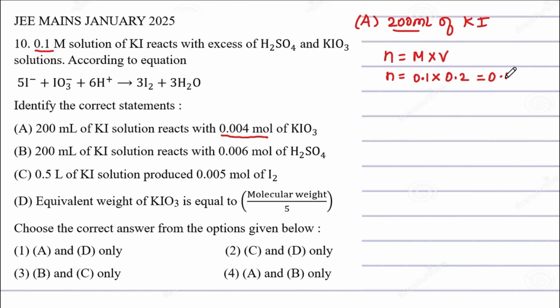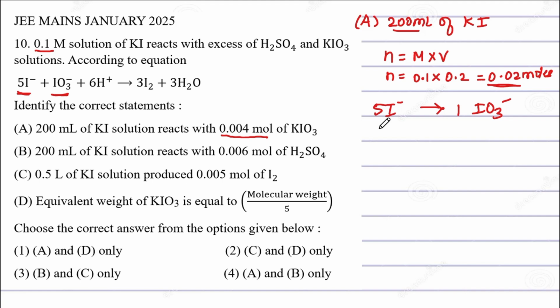So the number of moles is 0.02 moles. According to the equation given in the question, 5 moles of iodide ions react with 1 mole of IO3 minus. So write that: 5 moles of iodide ions react with 1 mole of IO3 minus ions.